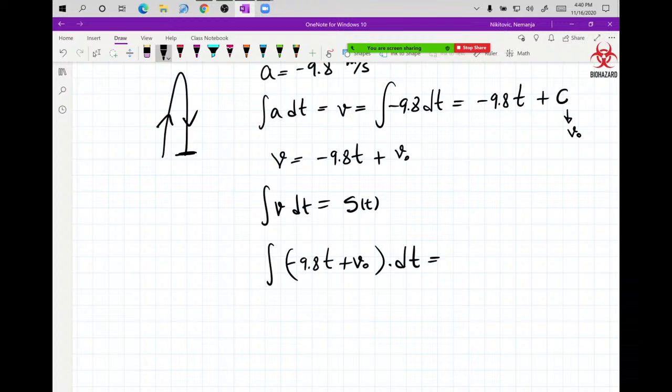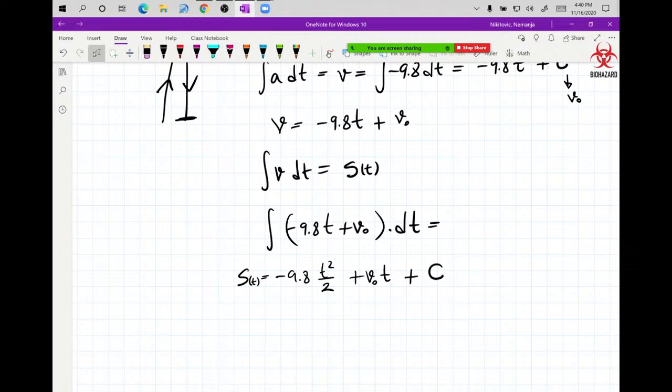So now we have negative 9.8 t squared over 2. Remember, you are integrating t. Well, it's the same as integrating x, and you have the charts in front of you, so you can refer to them. And then we have plus velocity 0 times t plus again some c. Now this is your position function s of t.